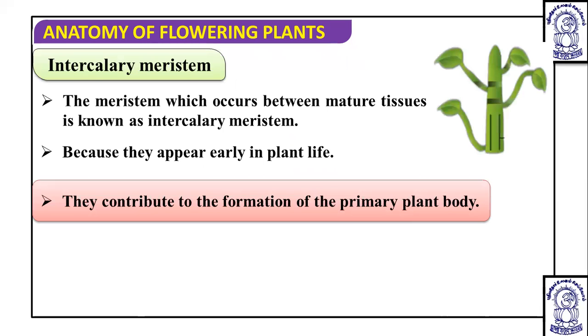Okay, we will come to the secondary one, but this is the what? Particularly intercalary meristem. So you can mark it here that the apical meristem is present here, but this is particularly present between the mature tissue, so it is an intercalary meristem. Now the question is where this intercalary meristem is present.